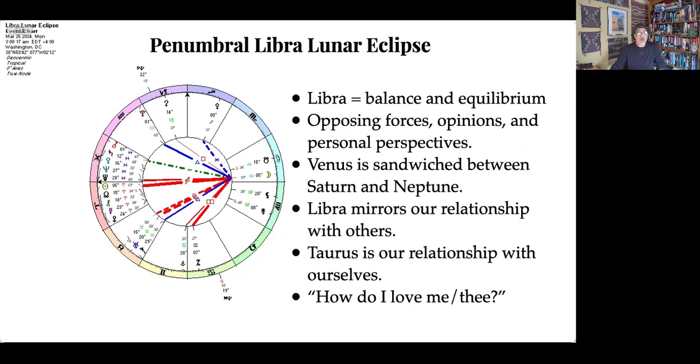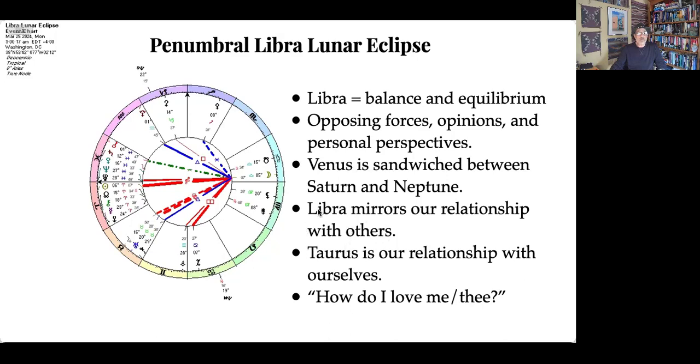The lunar eclipse occurs in Libra, and Libra is about balance and equilibrium. It's about balancing opposing forces and personal opinions and perspectives. And Venus is the ruler of the eclipse, and it's sandwiched in between Saturn and Neptune. It mirrors our relationship with others, but Taurus is our relationship with ourselves.